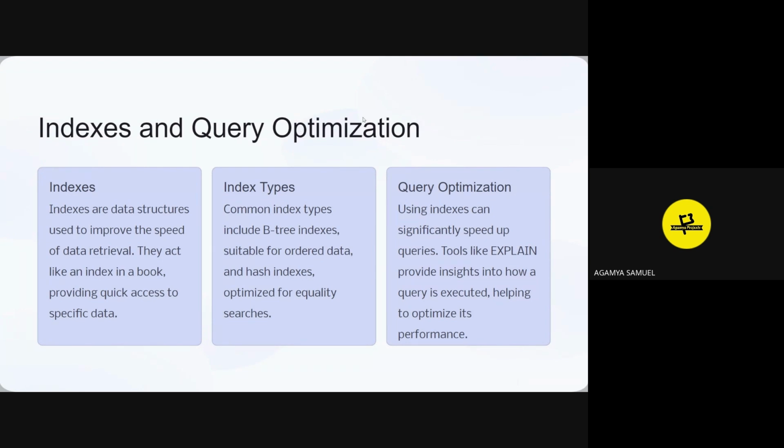And there is query optimization. Query optimization is only helpful when you have huge data. Let's say you have a sample table consisting of only 10 or 20 rows. Optimizing at that point will not make much of a difference because there are only 10 to 20 rows in the table.